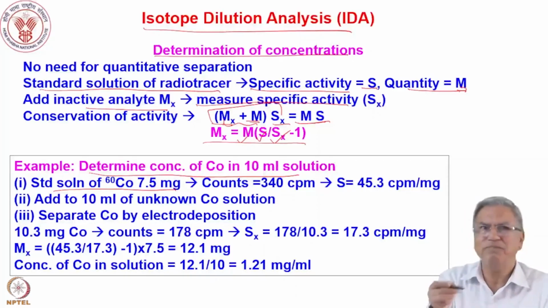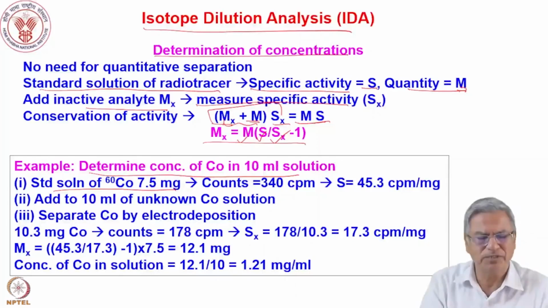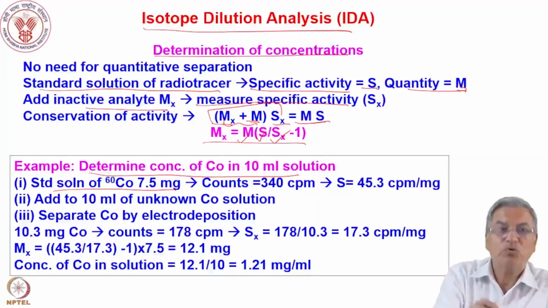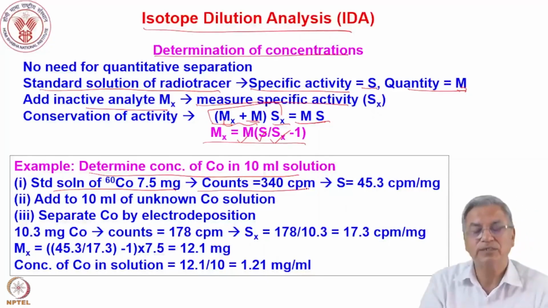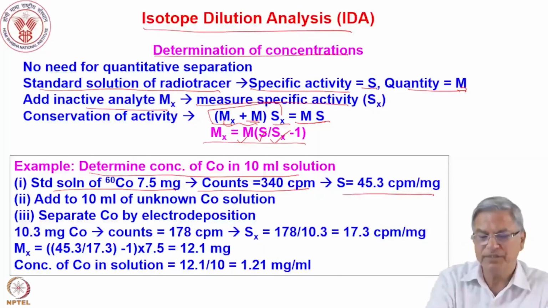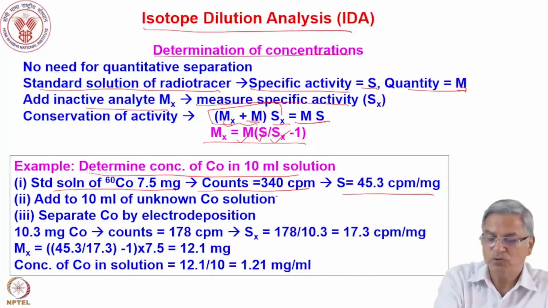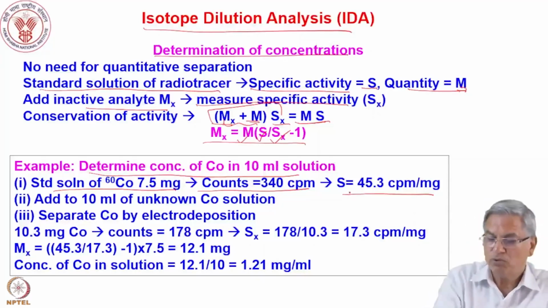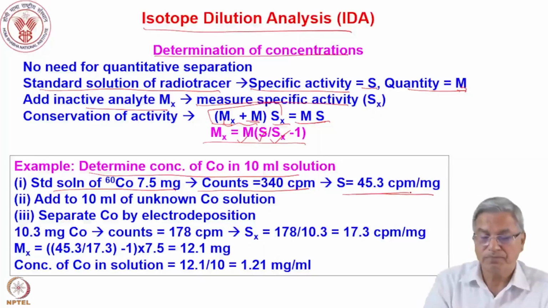Cobalt-60 may be very small, a picogram quantity, but the total cobalt in that solution is 7.5 milligram. You count that entire solution and you get 340 counts per minute. So the specific activity will be 340 by 7.5, which is 45.3 CPM.